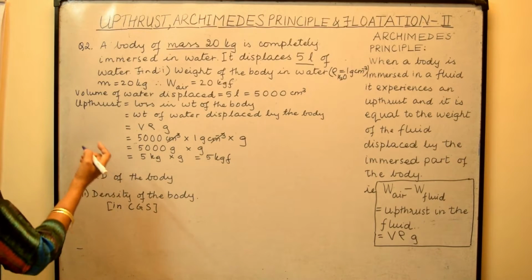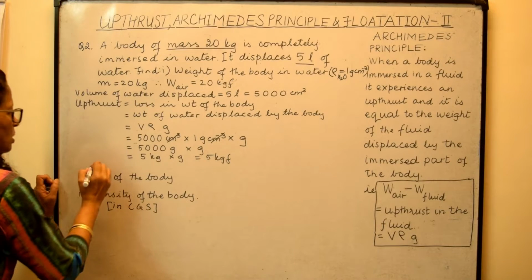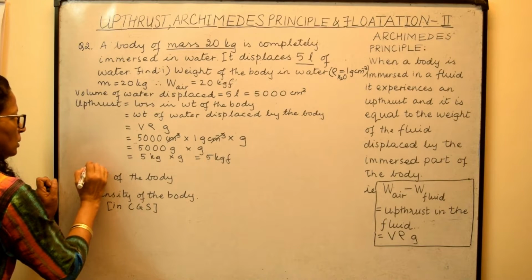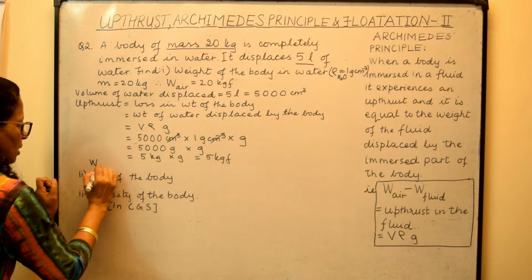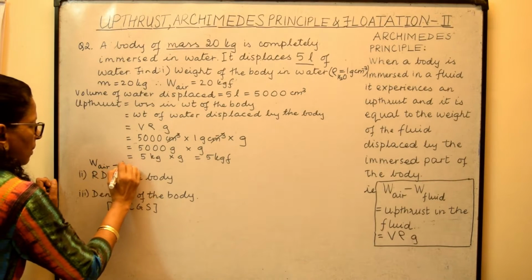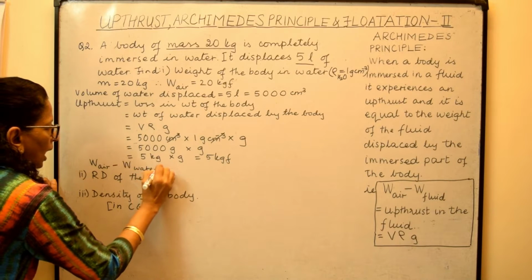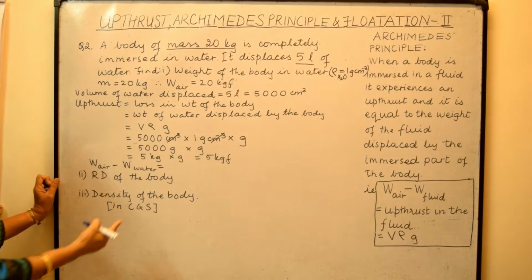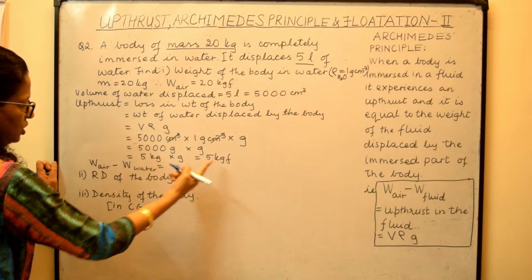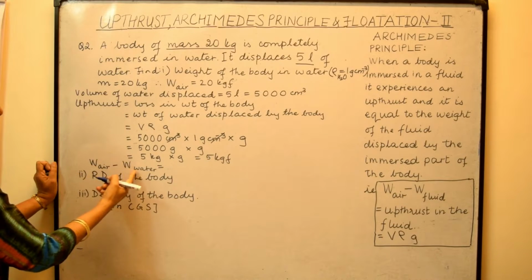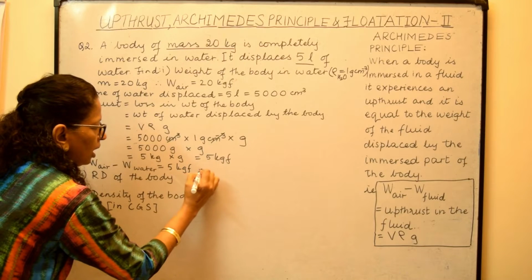Now, they are telling you to find the weight of the body in water. So now we know that upthrust, that is 5 kgf, is weight in air minus weight in water, and that is because of the upthrust, which is the loss in weight. So loss in weight is 5 kgf. So weight in air minus weight in water is 5 kgf.